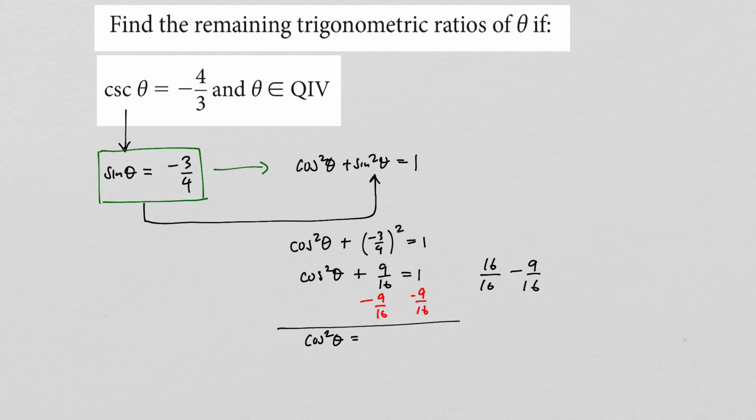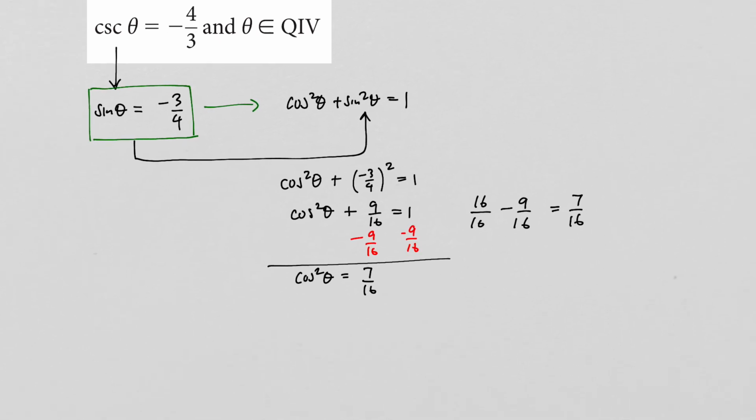Because 1 is the same as 16/16. That's going to be 7/16. And then we'll take the square root of both sides. And that gives us cosine of theta equals plus or minus the square root of 7 over 4, right? Because the square root of 16 is 4.